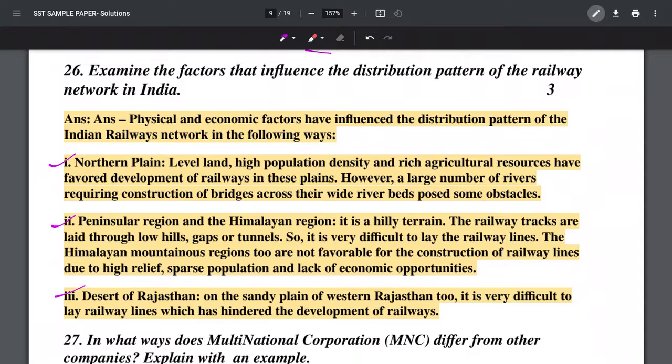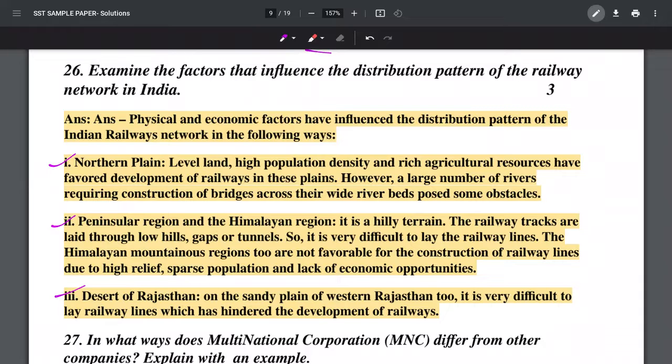Talking about the northern plains, the level land, the population density, and rich agricultural resources have favored the development of railways, isn't it? However, a large number of rivers require bridges and dams for easy passage. That's one of the railway patterns.